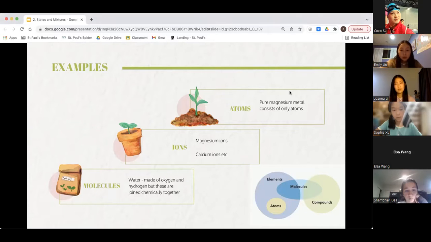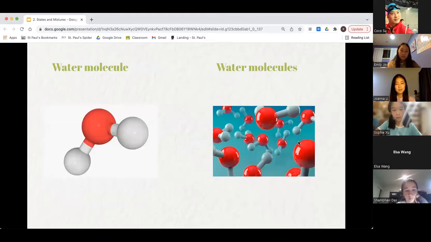Here's a simple diagram. The whitish atoms are the hydrogen because there are 2 of them, and the red one is oxygen. A single water molecule looks like that on the left, and water molecules all put together are seen on the right, but between them they're not joined together. They're just independent molecules, bunched up into one.